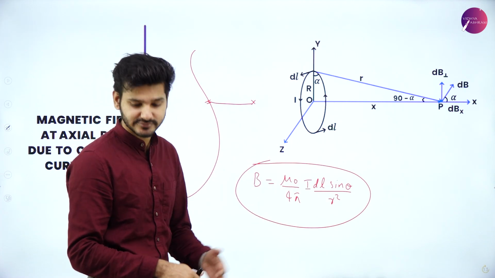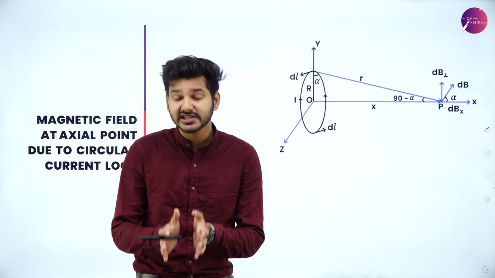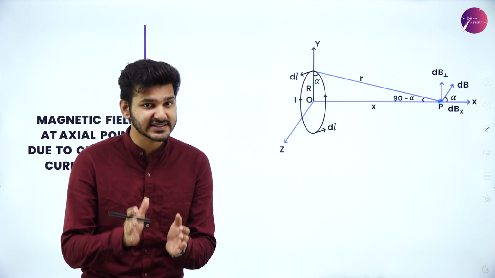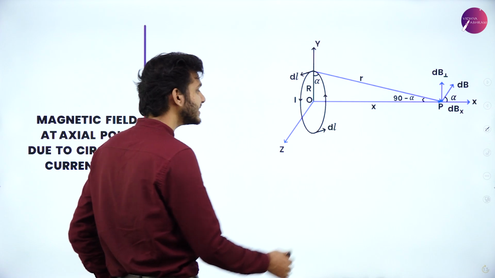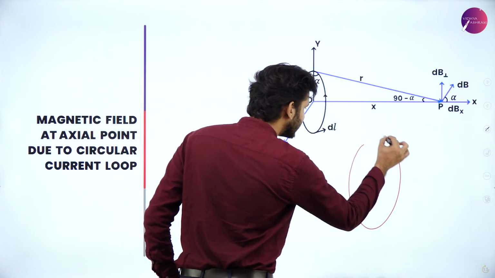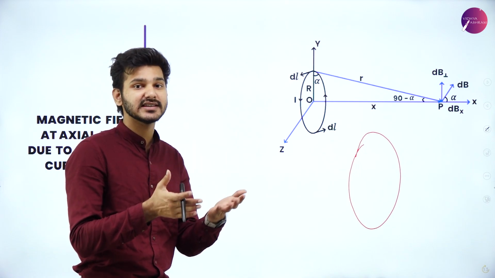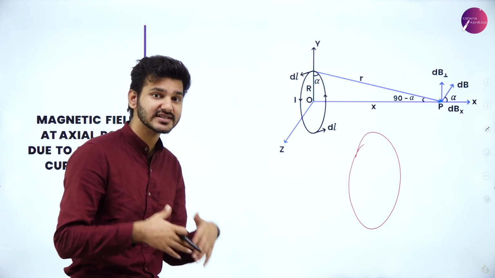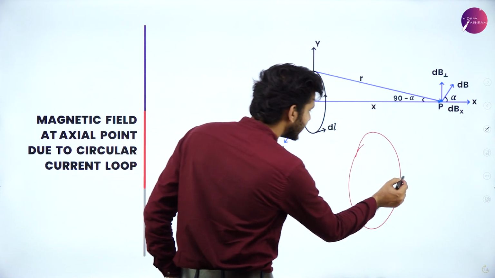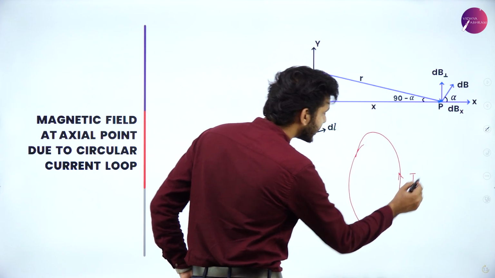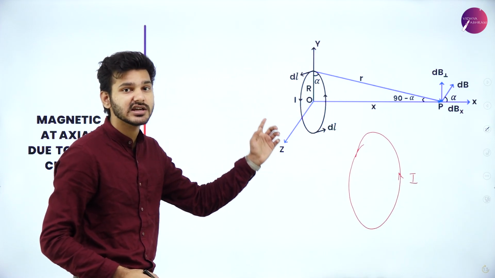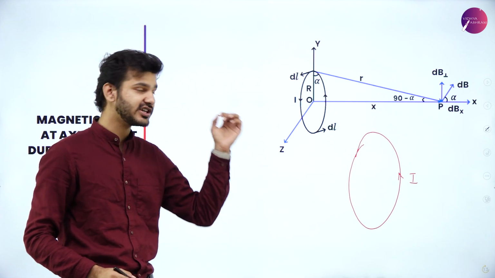We can find out. So the initial consideration that you have to take into account is that this particular current carrying conductor, that is this particular loop, has current flowing through it which is the same. That is, the current flowing through is constant. So let's say in this particular direction, current I is flowing through this current carrying conductor which is in a circular loop shape.